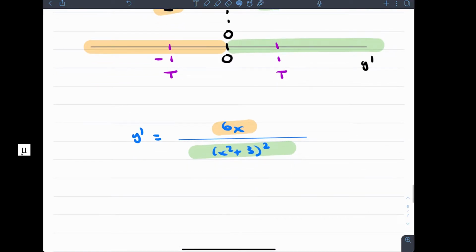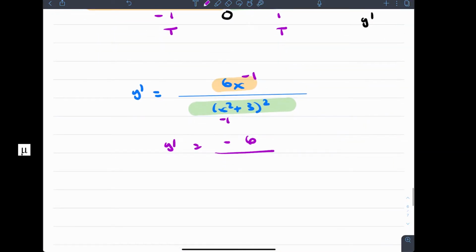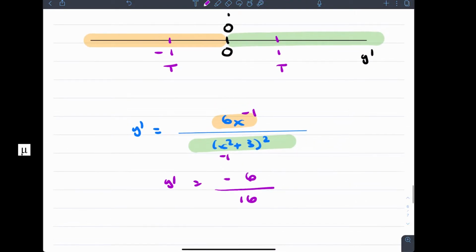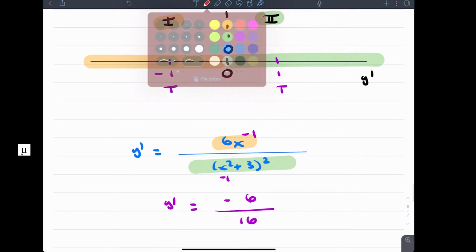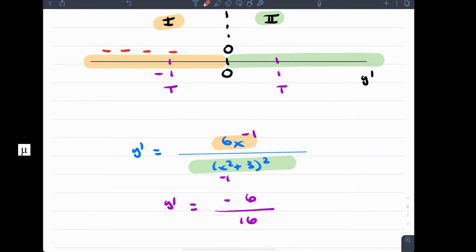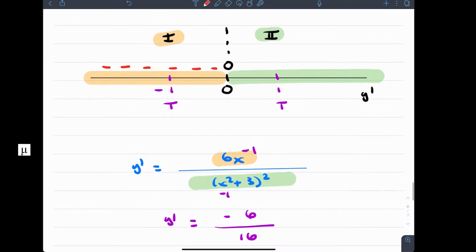So if I plug in -1, the first test point, you get -6 over 16. Is that true? What do you think I mean by this? I don't care what the answer is. I just care that the derivative is negative. Okay? So we have a decreasing slope.